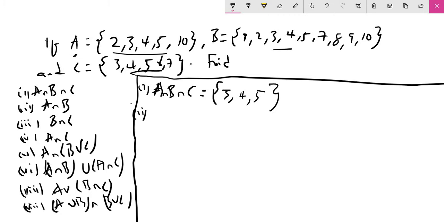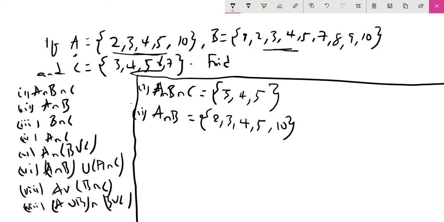2, A intersection B is equal to, so elements that are in A that are also in B. So we have 2, 3, 4, 5, and 10.